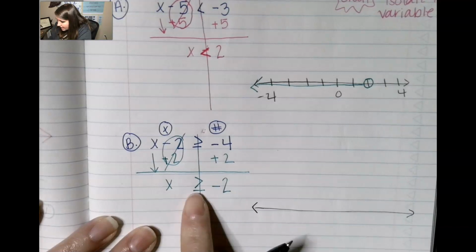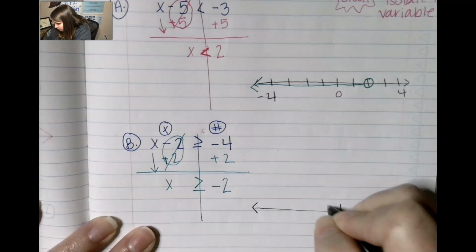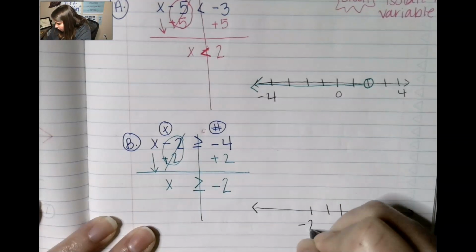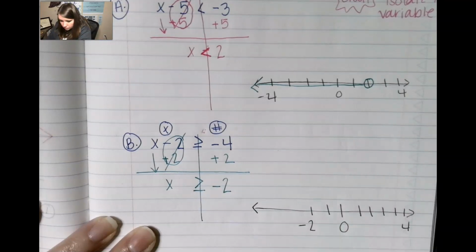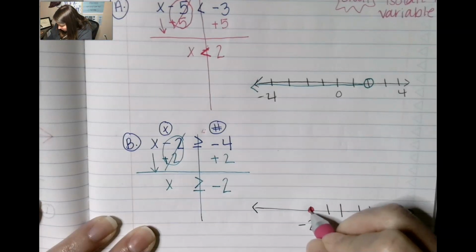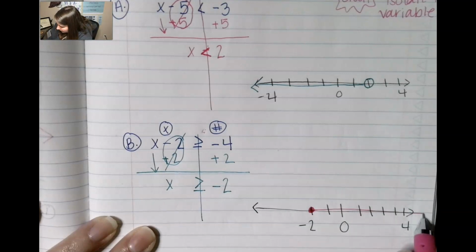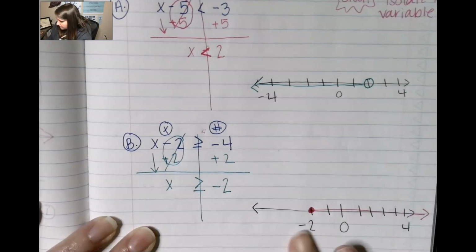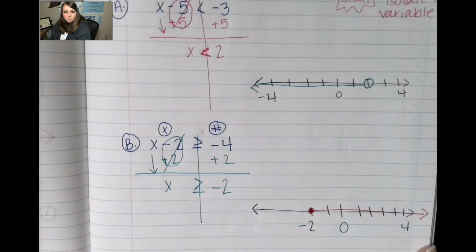And this is saying all solutions that are greater than or equal to -2. So anything that's bigger or the same as -2. It can be equal to -2, so we can use a closed dot. And it's everything greater than or larger than -2. So our arrow is going to point to the right. Greater than.